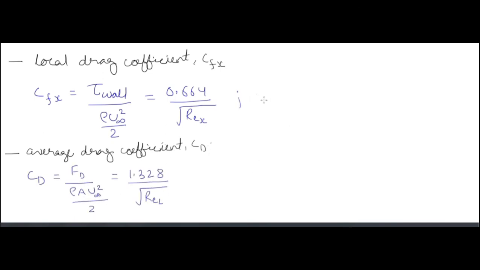The average drag coefficient is equal to FD by A. Here it's written shear stress and here we are writing FD. FD by A is force by area, which is nothing but a stress. This is the drag force, so this is the shear stress, the same as wall shear stress by rho u squared by 2.